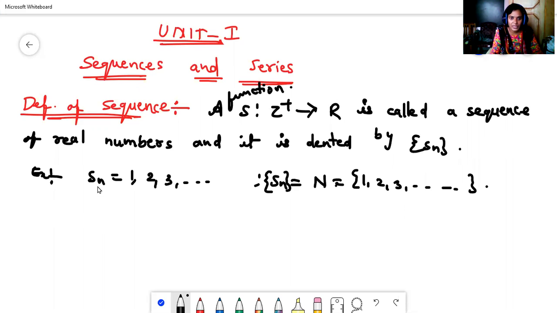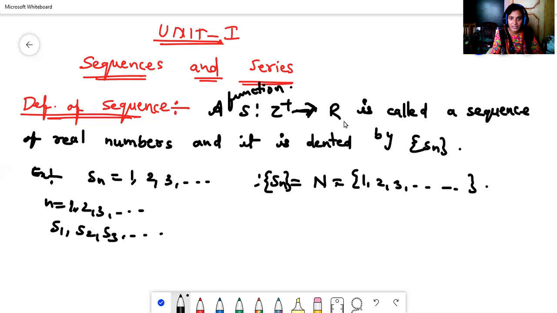For example, we can take S is a mapping in that Z plus means here n equal to 1, 2, 3, and so on. We can take S1, S2, S3. These are the terms of the sequence, and those terms are having any real values. That is, into capital R means the values belong to the capital R set.